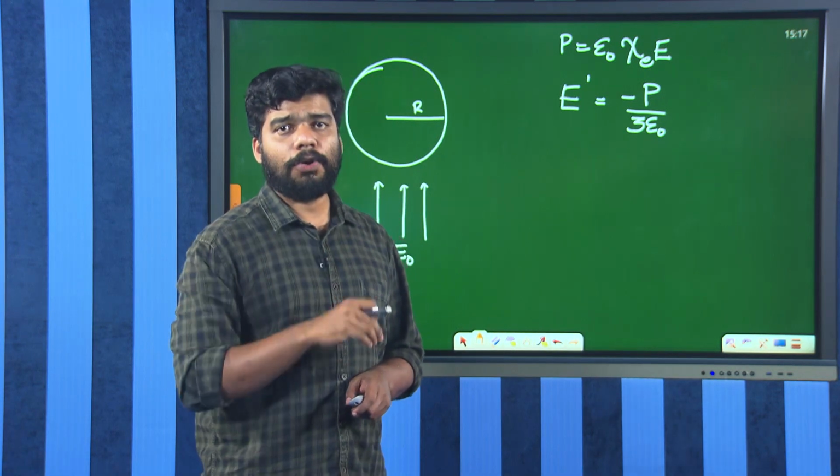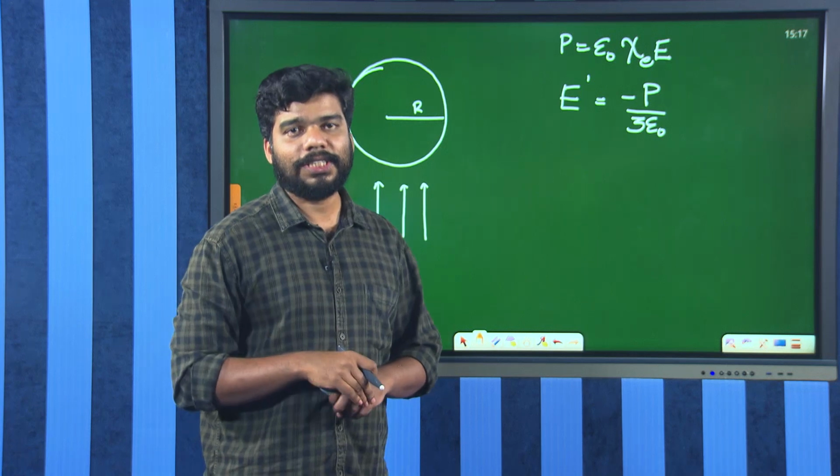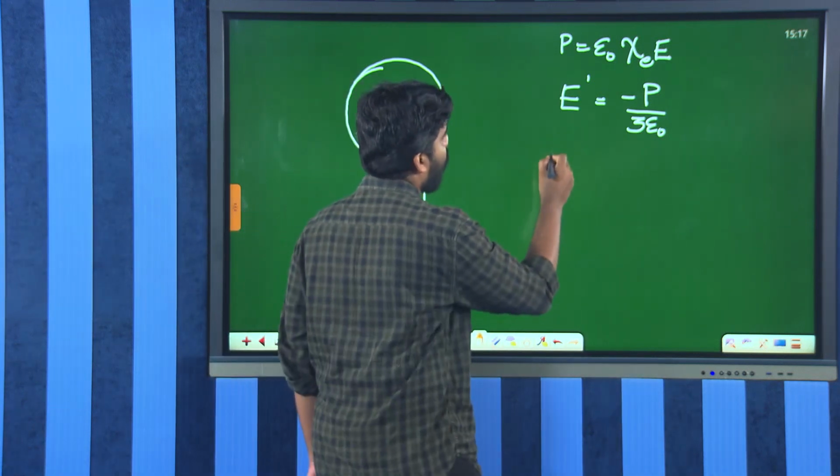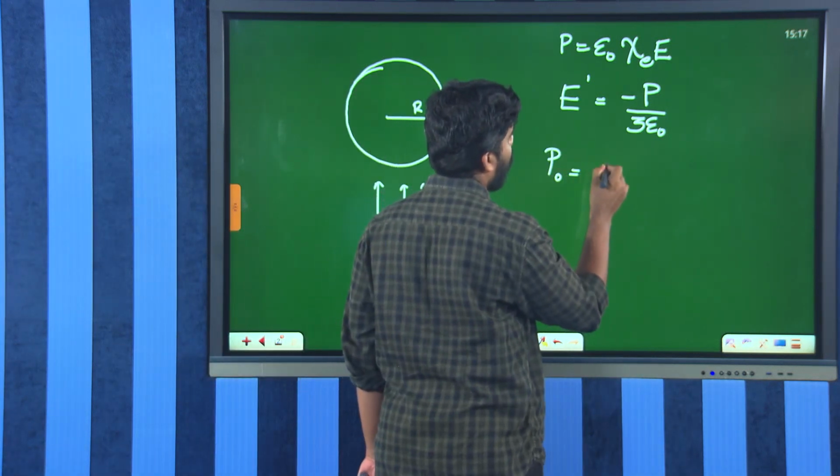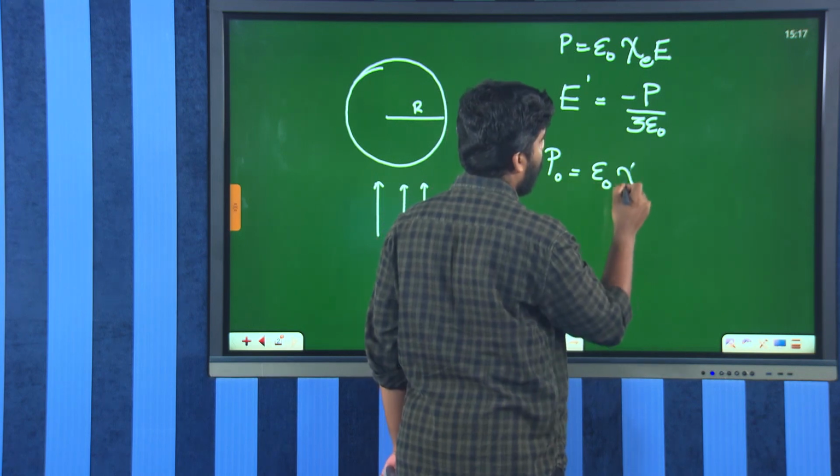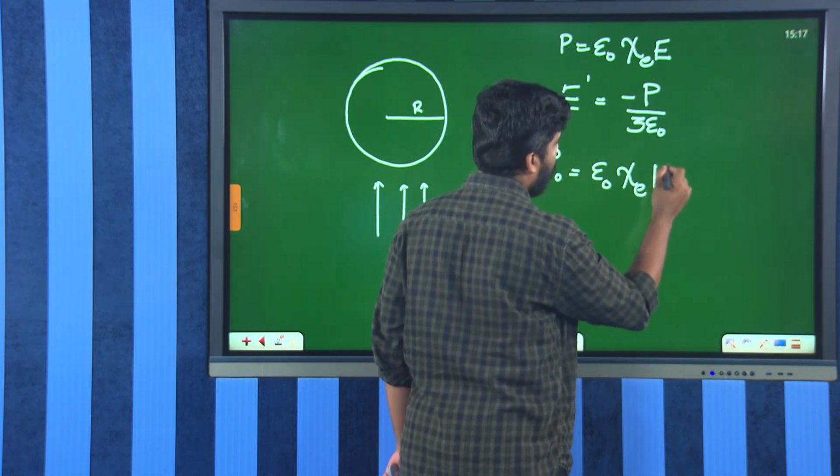Now, in this problem the induced polarization is given by P0 is equal to epsilon 0 chi e into E0.